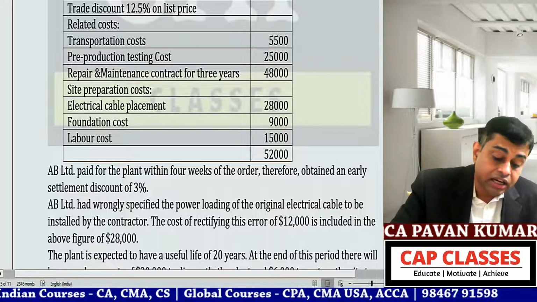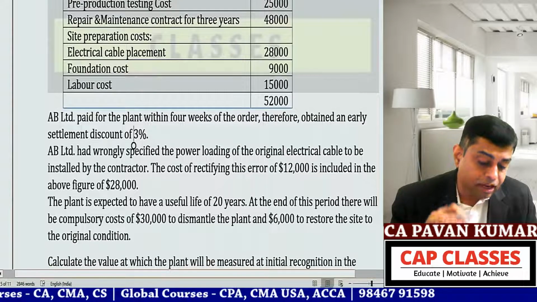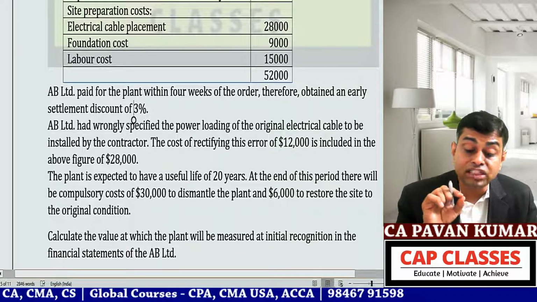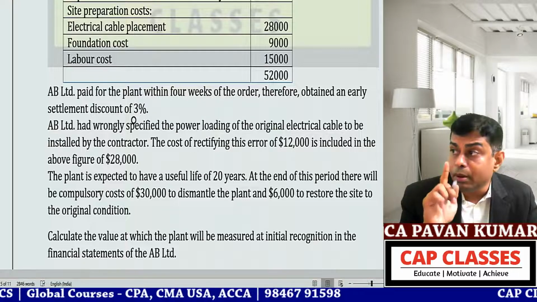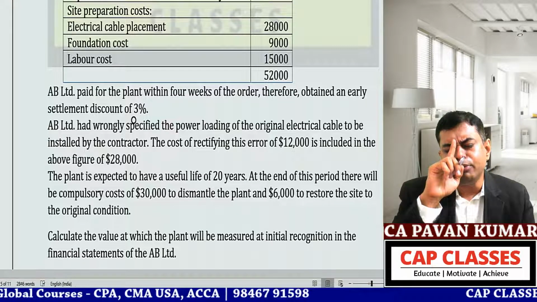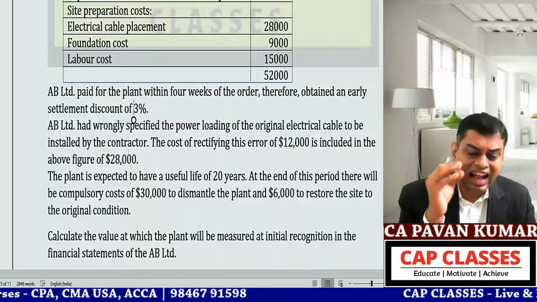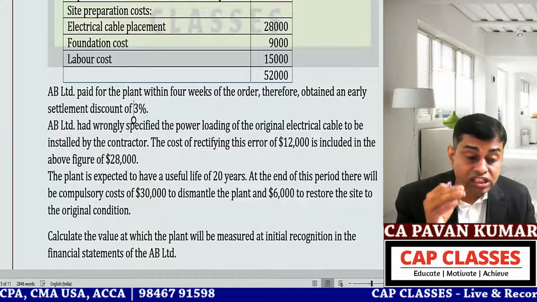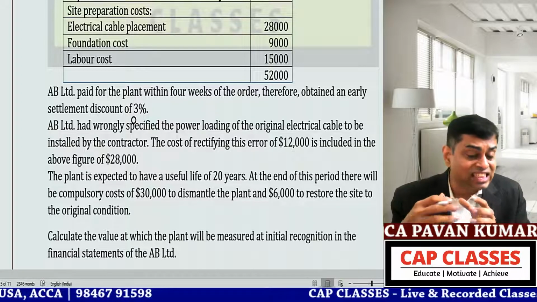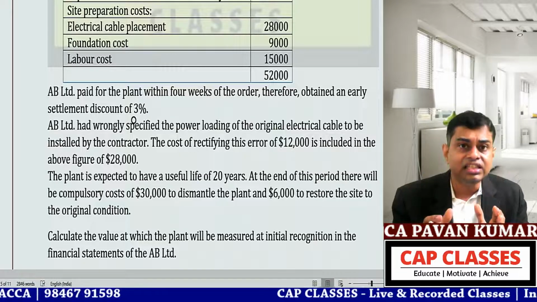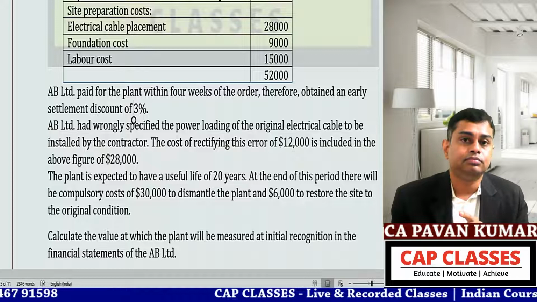You understand? Then AB Limited had wrongly specified the power loading of the original electrical cable to be installed by the contractor. The cost of rectifying the error is 12,000 and is included in the above figure 28,000. Remember the rule. Any abnormal cost because of your inefficiency, carelessness, irresponsibility, faulty design, avoidable clashes with laborers, anything that is avoidable becomes abnormal.